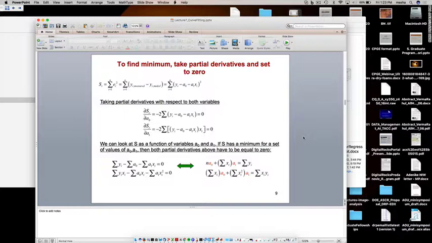So for n is equal to 2, you have 2 here, right? x1 plus x2, x1 plus x2, and x1 squared plus x2 squared. And here you have y1 plus y2 and x1 y1 plus x2 y2.